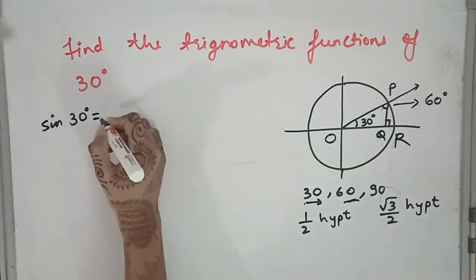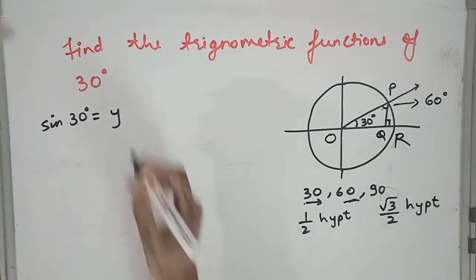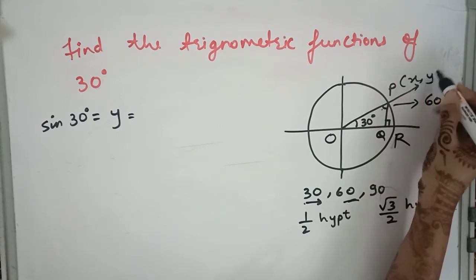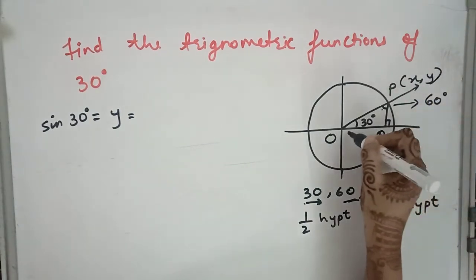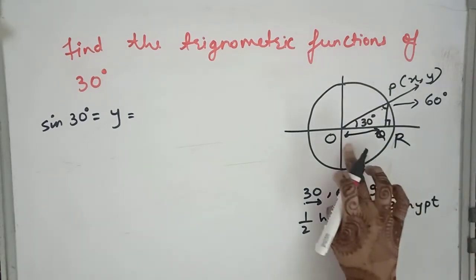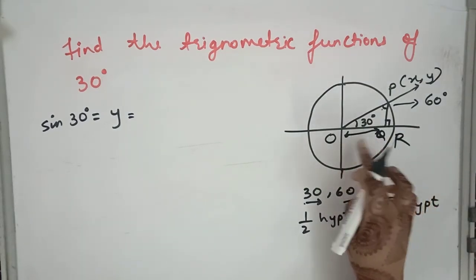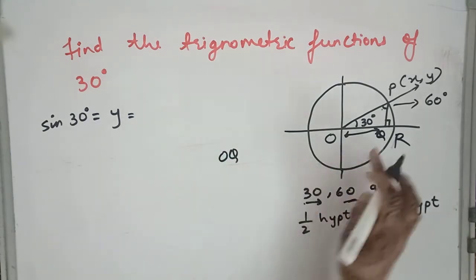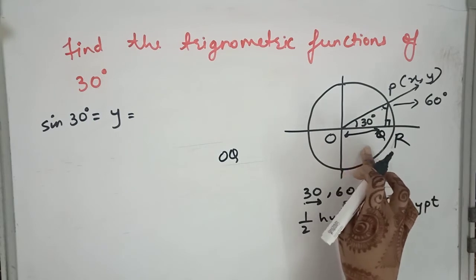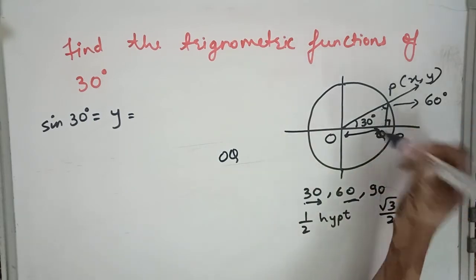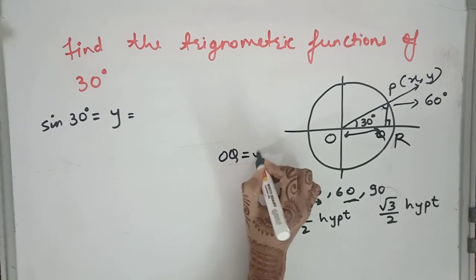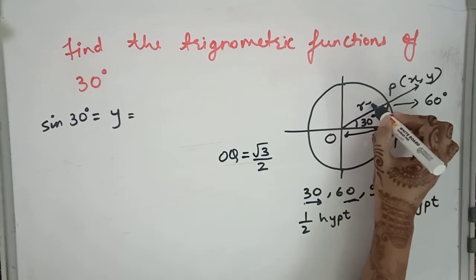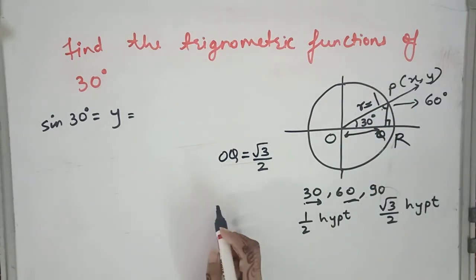Now sine 30 degrees, sine is always y. P will be x comma y. Here this x coordinate is OQ. OQ is the adjacent side, or OQ is the side opposite to 60 degrees. So that will be √3 upon 2 times the hypotenuse, which is R. We have taken a unit circle, so it will be 1.